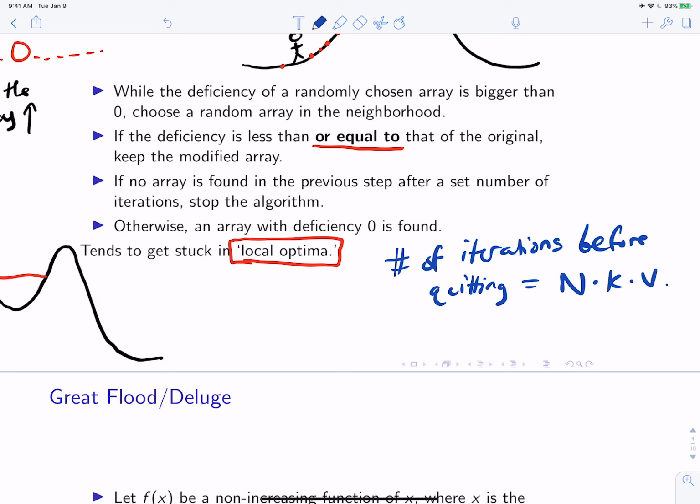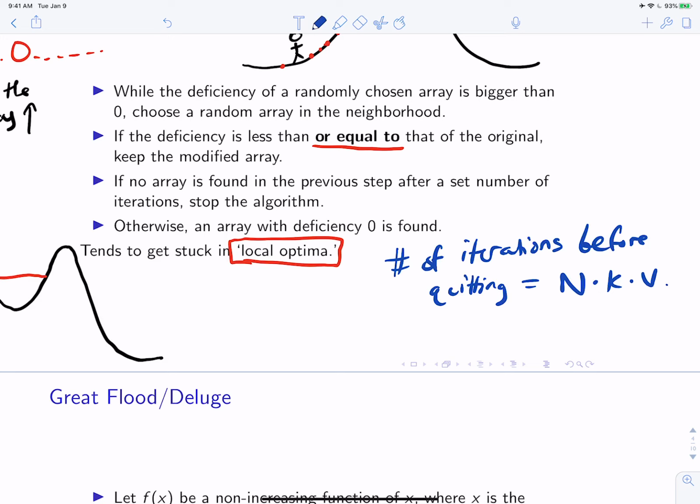Well, what are the number of cells in the array? N times k, and the number of things for each cell is v. So this is just saying we're going to try all possible changes to one cell in the entire array. Now, here we're making a random change, so it's not necessarily going to do every single choice of possible changes. It may do some multiple times, but that's usually how people implement this.